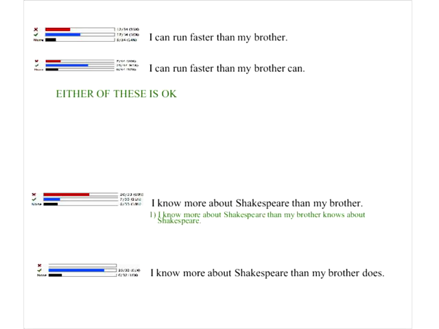And the other thing that it could mean is I know more about Shakespeare than I know about my own brother. This could mean either of those things. I don't know. I have no idea which one it is. So therefore, it's ambiguous. There's nothing wrong with the grammar, because the grammar is basically the same as it is upstairs. But two meanings. So this is one meaning, which is correct.